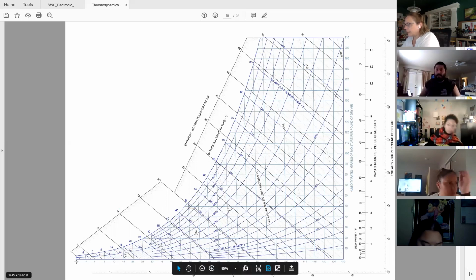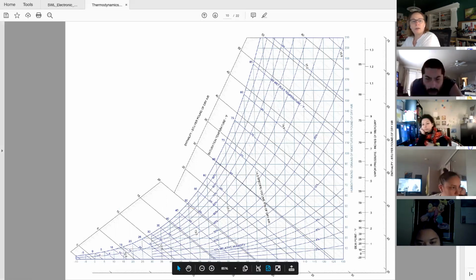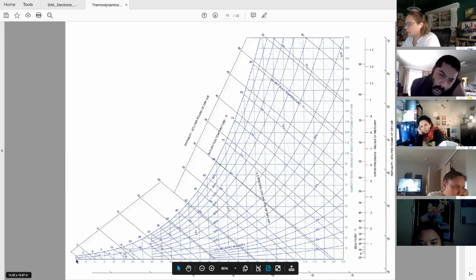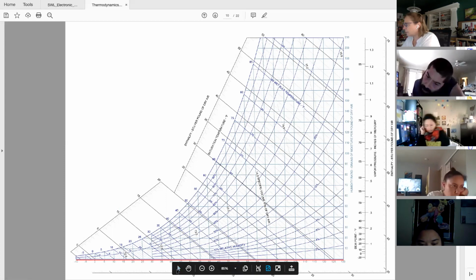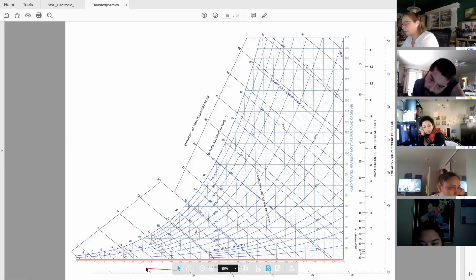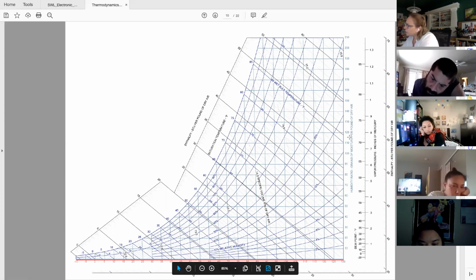So again, we still have the dry bulb temperature along the bottom, and the moisture or the humidity ratio going up the right-hand side.